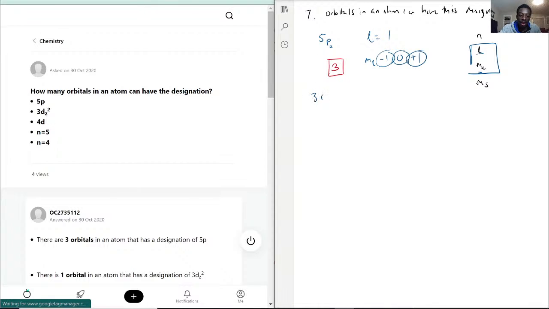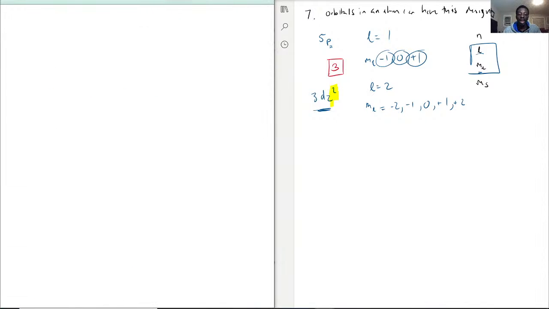For 3dz2, L stands for 2, and ML is -2, -1, 0, +1, +2. But 3dz2, because we have this z2 part, is emphasizing just one of those 5. Fortunately, it is one of the things you have to memorize. We actually have it here.